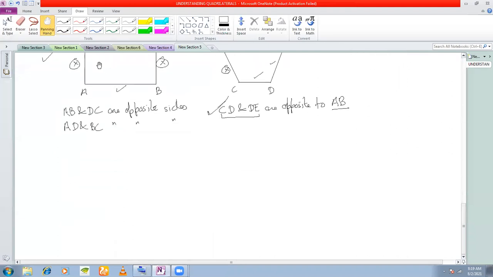Next, once we know all this, we come to the definition of something called a convex polygon. Now, what do you mean by a convex polygon?